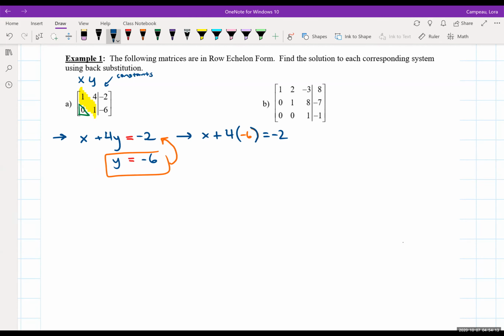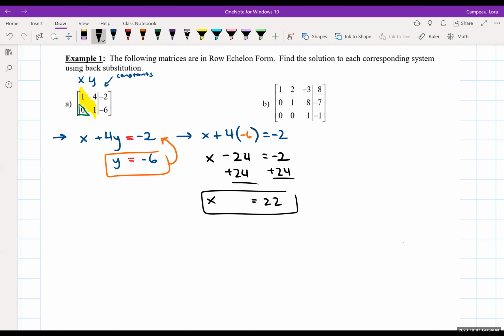So we'll proceed to solve this. So we will have x minus 24 equals -2. And once we add 24 to both sides, we shall get x equals 22.